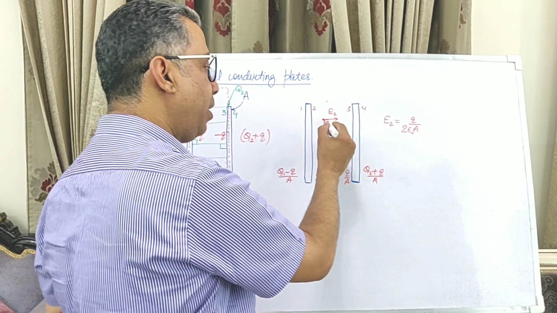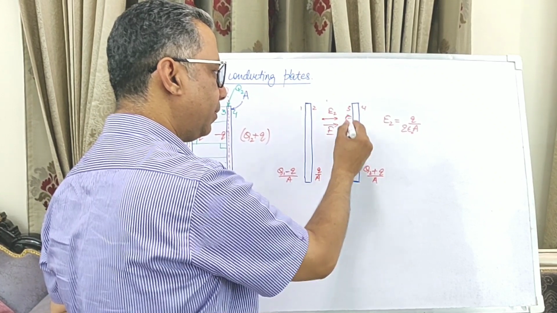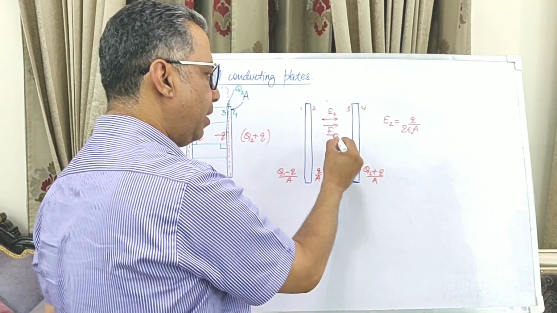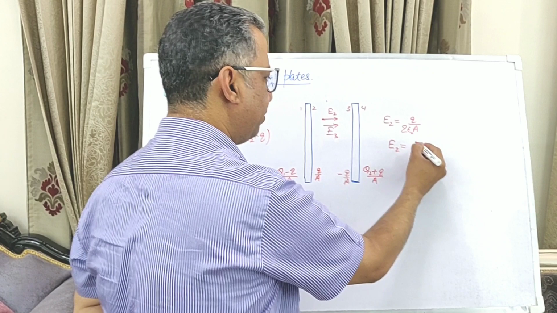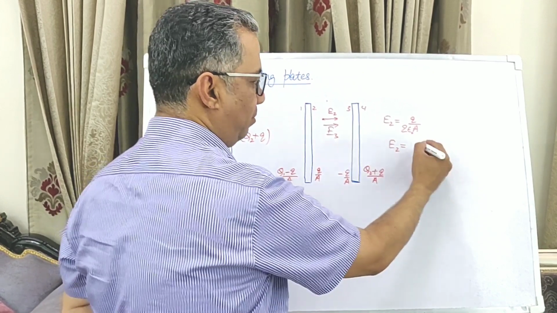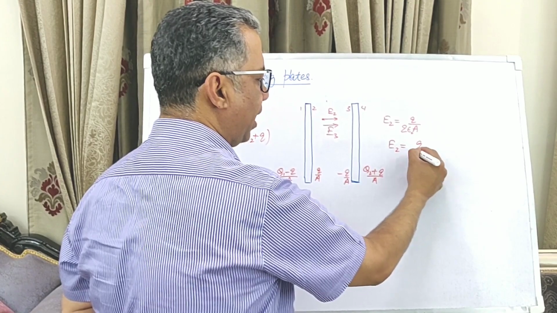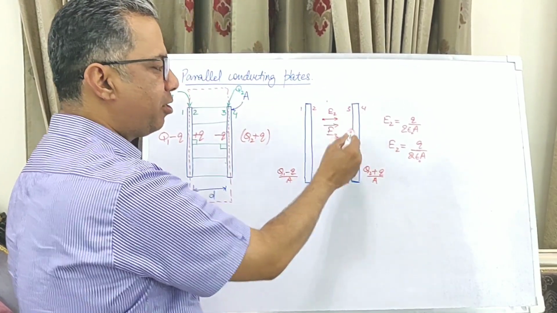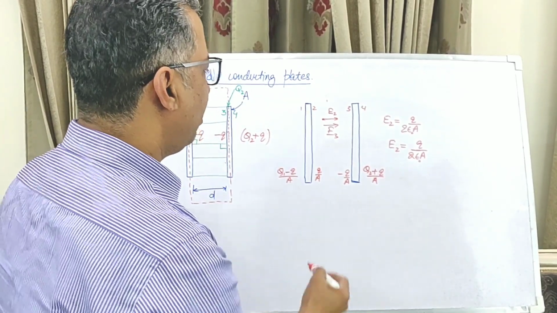Similarly, at the same location, the electric field due to charge on surface 3, let's call it E3, will be the same sigma by 2 epsilon naught, that's the magnitude, and since the charge is negative, the field is towards that charge.